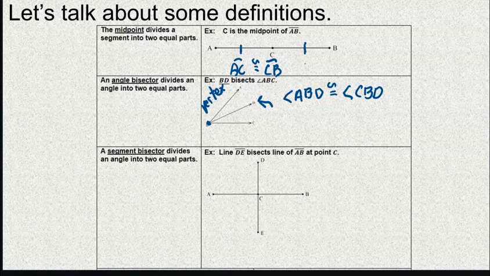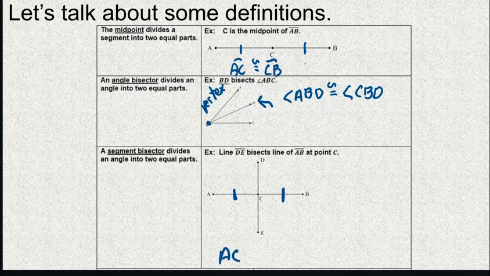Now, the segment bisector does essentially the same thing as the midpoint, but it's a bisector. Though these things do the same thing to an object, you cannot interchange this language. In other words, a midpoint is a point and a bisector is a line. And in your reasoning, you need to make that clear. But here, because I have a bisector, it looks just as it did before.